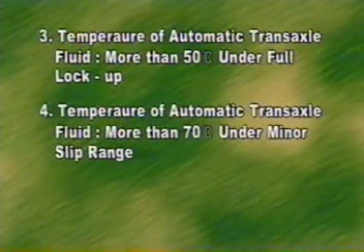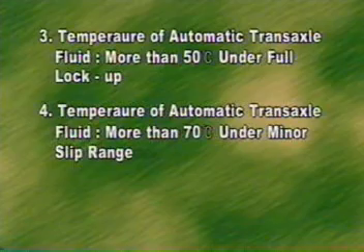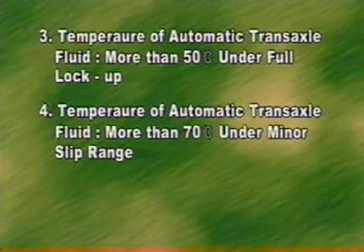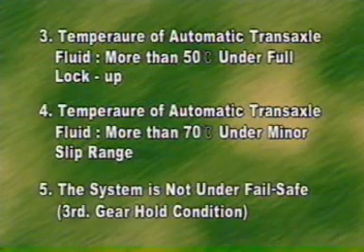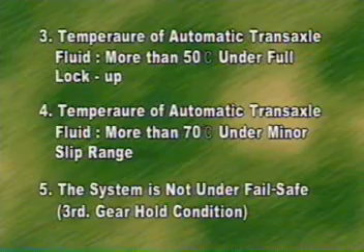Temperature of automatic transaxle fluid, more than 50 degrees centigrade under full lockup. Temperature of automatic transaxle fluid, more than 70 degrees centigrade, under minor slip range. The system is not under fail-safe third gear hold condition.